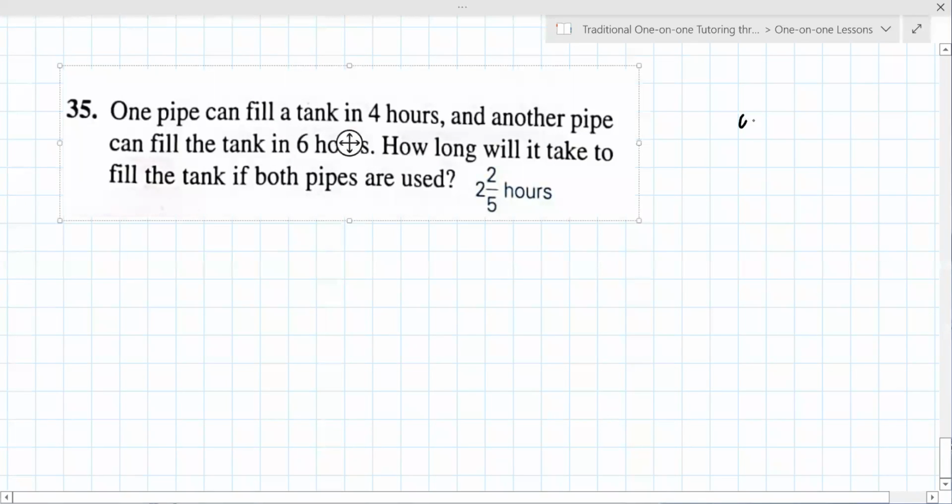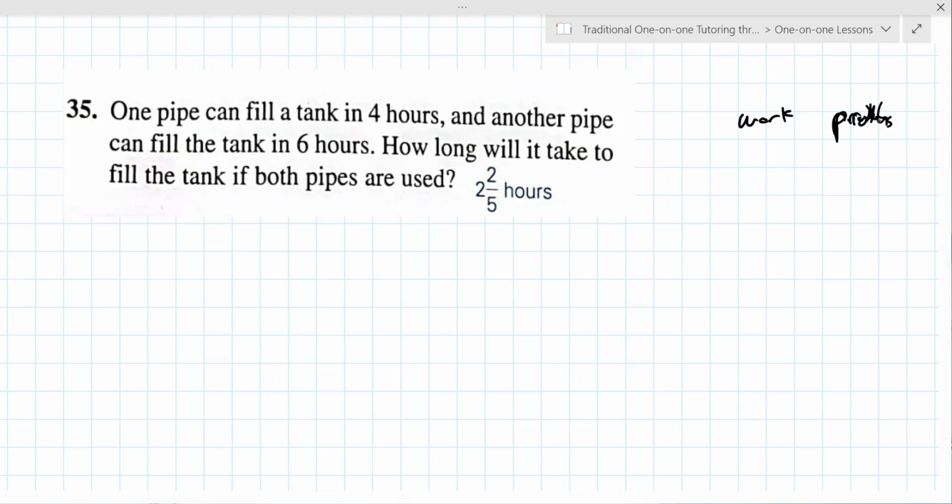Okay, so I call these work problems. It's like you can paint a room in physics. Well, not that type of work. These are more like job estimation problems.